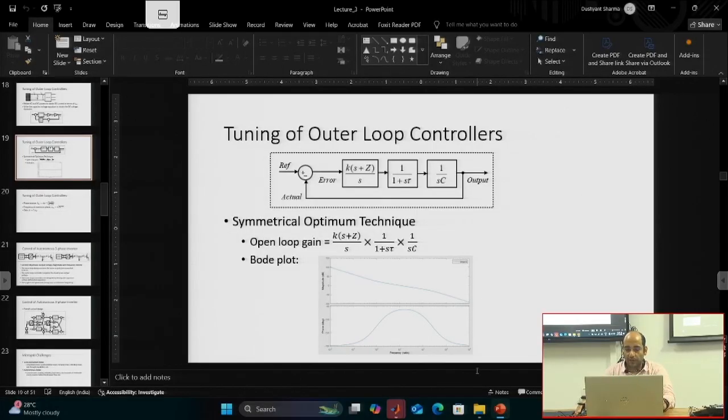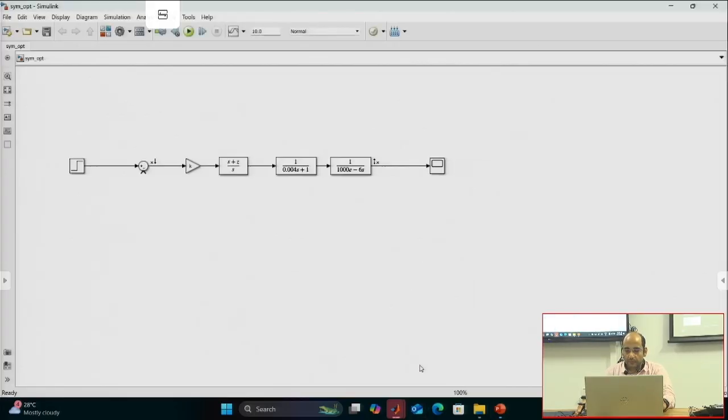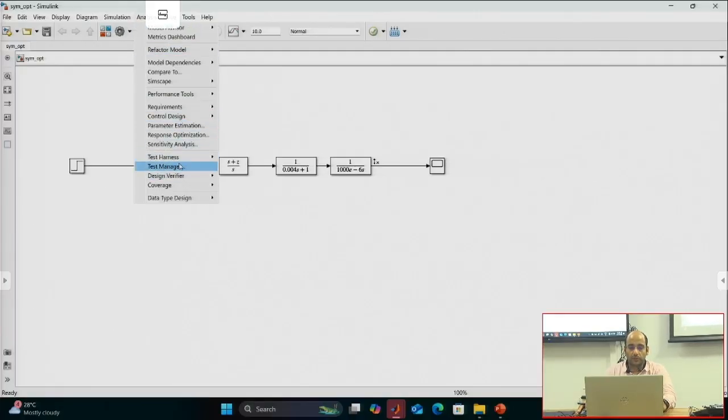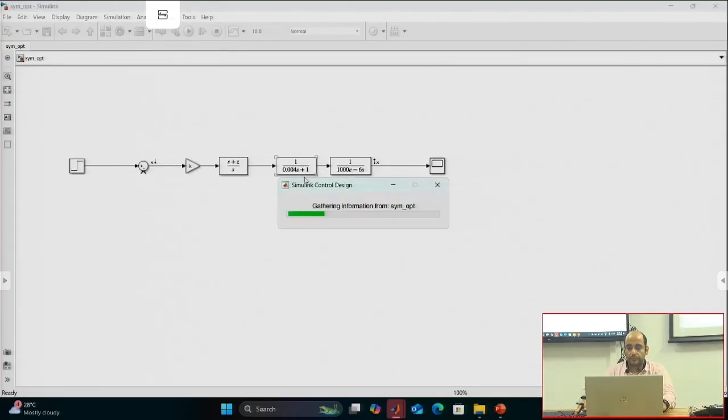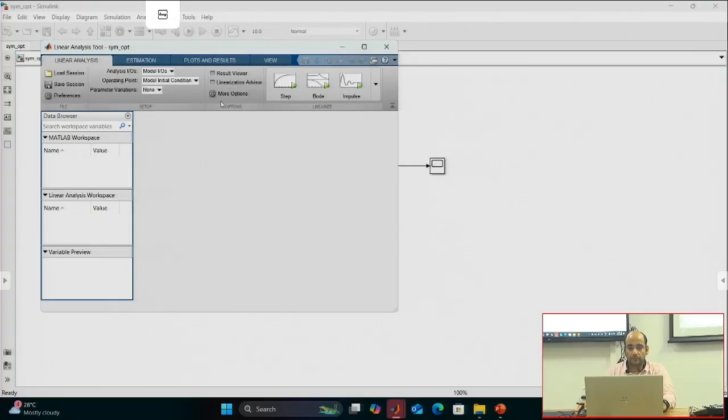Where is it? This one, right? So this transfer function, I have simulated in MATLAB, and in the tutorial session I will discuss with you how to do the linear analysis. In MATLAB there is an analysis where you can plot the Bode plots, and let me quickly show you the Bode plots.